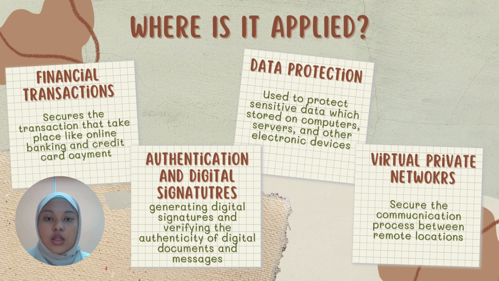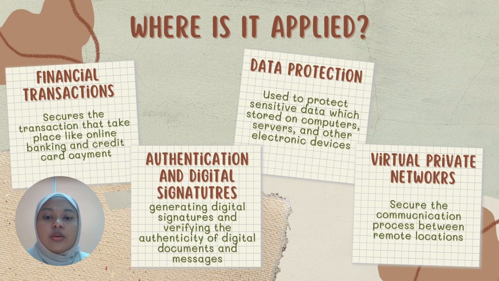This section will explain where Triple DES is applied. The first one is financial transactions, which secures transactions that take place, like online banking and credit card payments. Next is data protection, which is used to protect sensitive data stored on computers, servers, and other electronic devices.